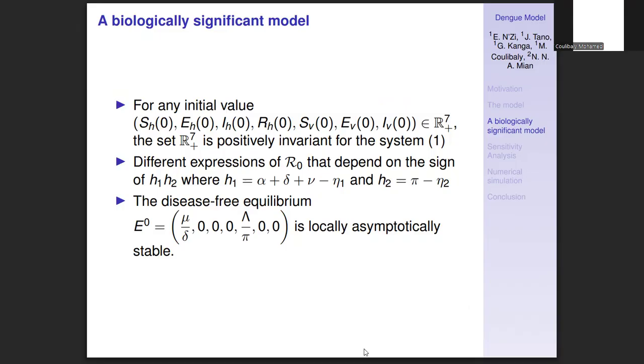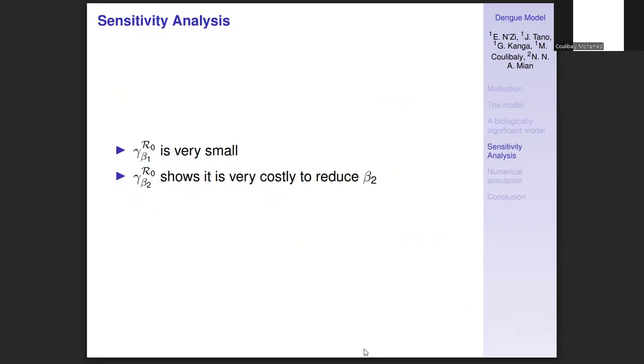And after this study, we pursue with another study, which is the sensitivity analysis. We prove that the reproduction rate depends strongly on beta 1.